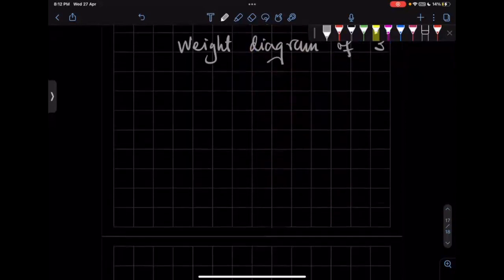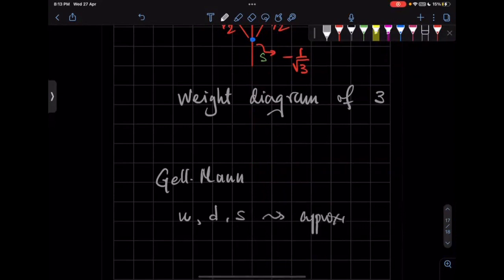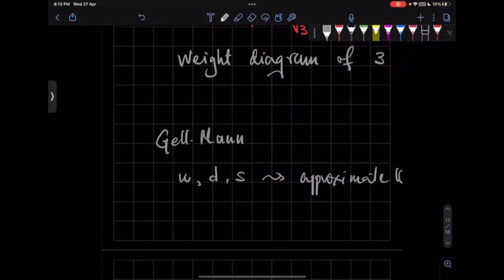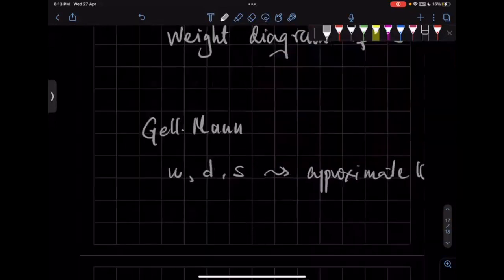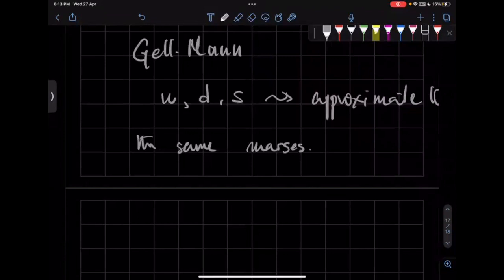So what Gell-Mann did was that he conjectured that there were three particles called up quark, down quark, and strange quark, and they had approximately the same masses. And he conjectured that all the strong interaction particles were made out of them.